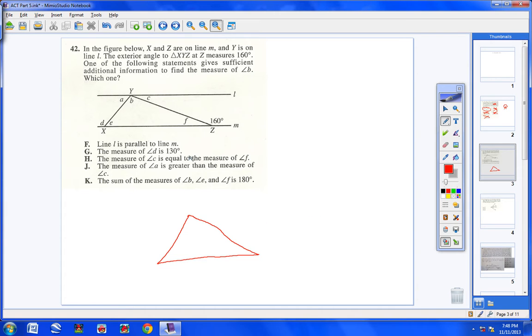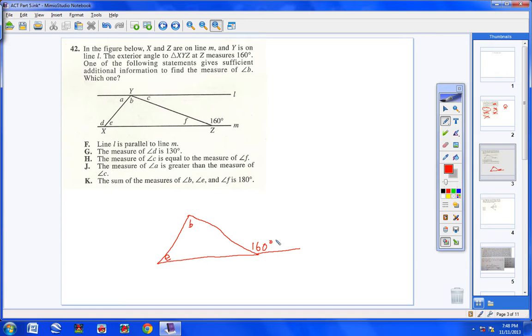Here's the one they want you to use on this problem: whenever you take one side of a triangle and extend it, we call that an exterior angle, and it's 160 degrees. What you need to remember is this angle here, I guess they're using E and B, so I'll use E and B. These two angles here will always add up to this angle here. Always.